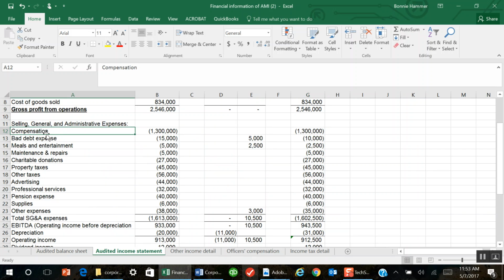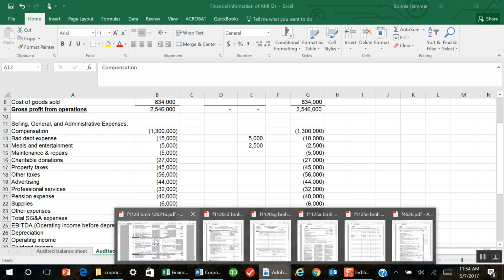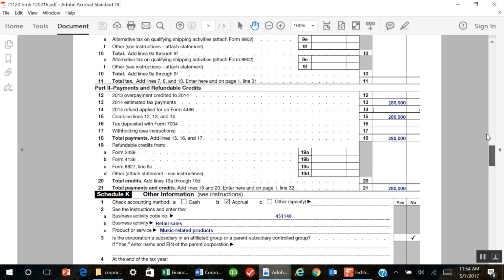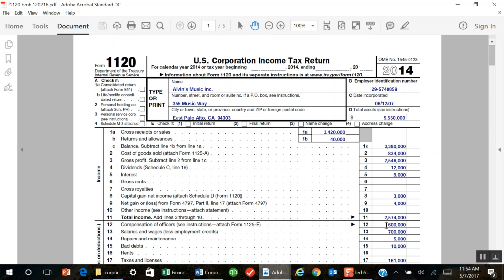And within this, included in the total salaries are the officer's compensation. And we need a separate breakout of officer's compensation, because on page 1 of the 1120, there's 2 line items for salaries. There's a line item for officer's compensation, and then there's another line item for everybody else's salaries.